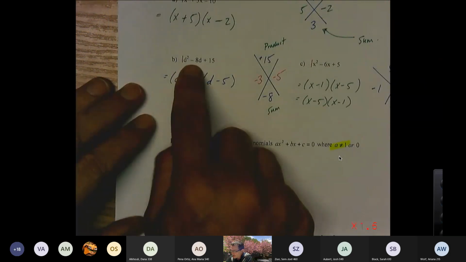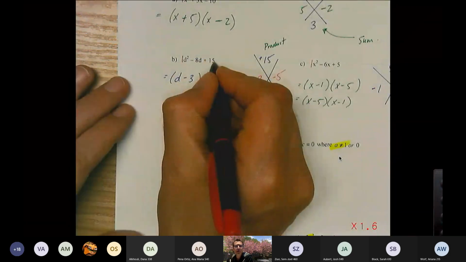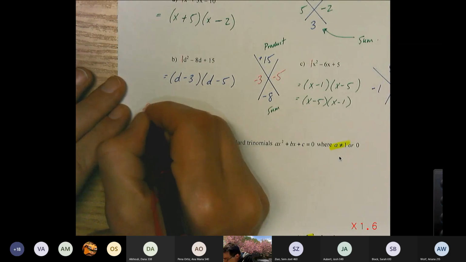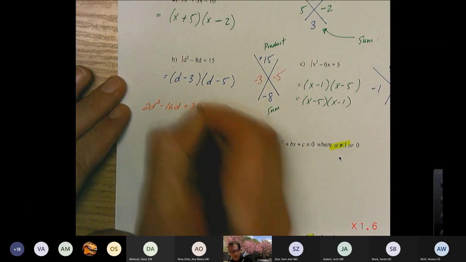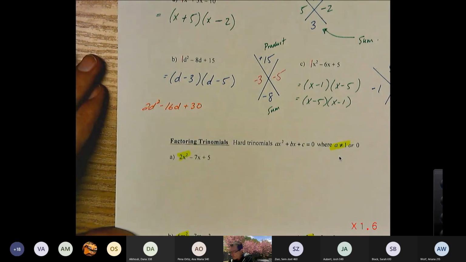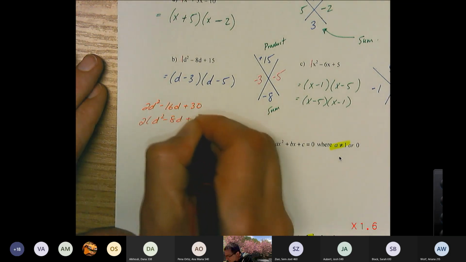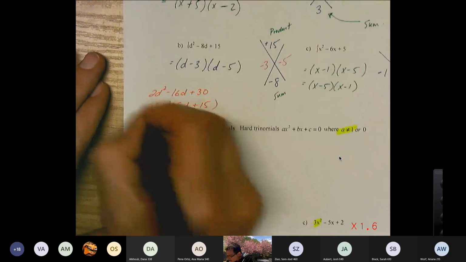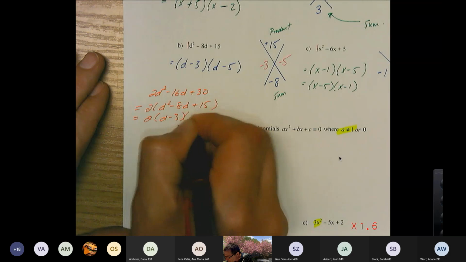Like, look at the one up here. Look at d squared minus 8d plus 15. If that had been 2d squared minus 16d plus 30, okay, I would just common factor out the 2, and then factor it just the way I did above.